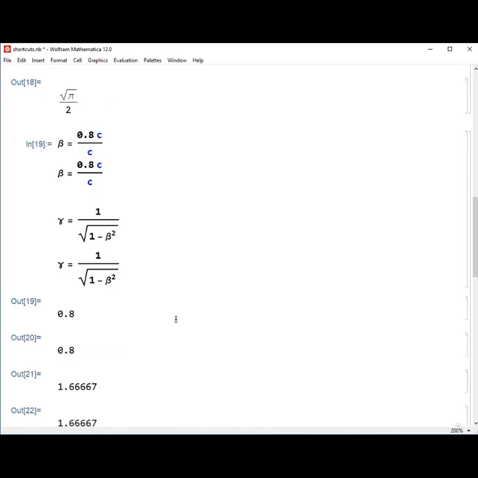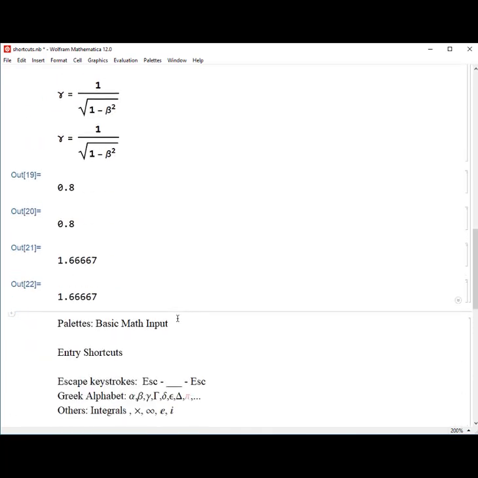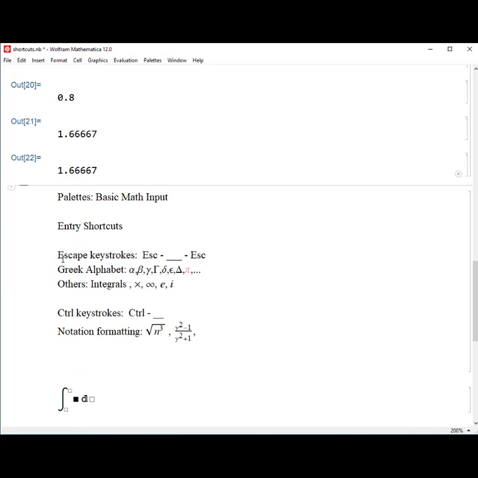and I can execute all that. Okay, so the entry shortcuts are what I just showed you for escape keystrokes, where you do escape, then another keystroke or several keystrokes in here, and then an escape, and then that gives you a number of these Greek alphabet and some other mathematical quantities, and then control keystrokes for square roots, exponentiation, and fraction.